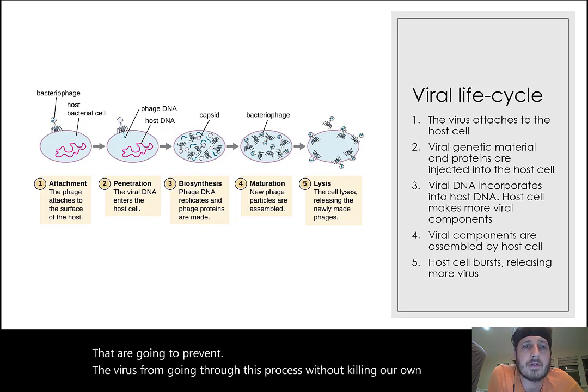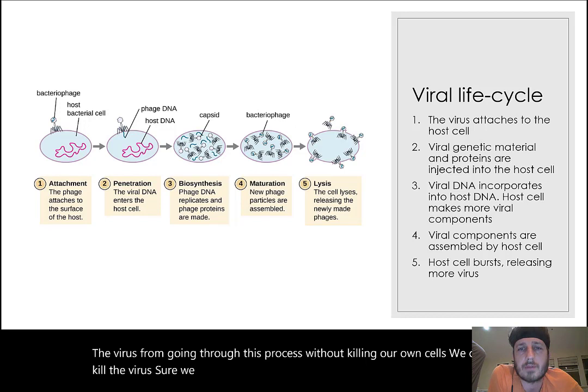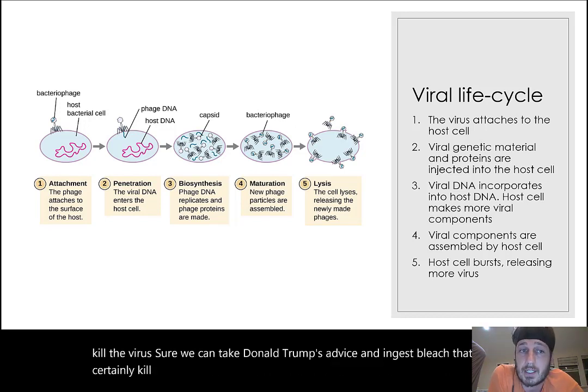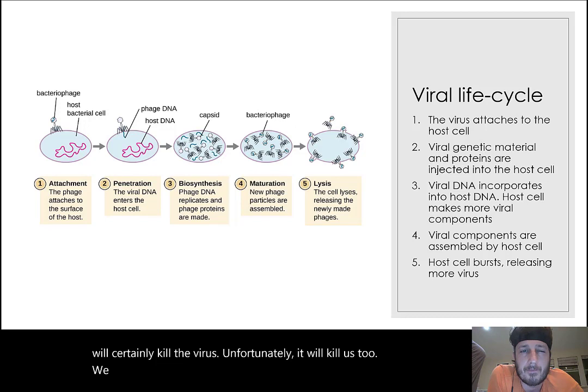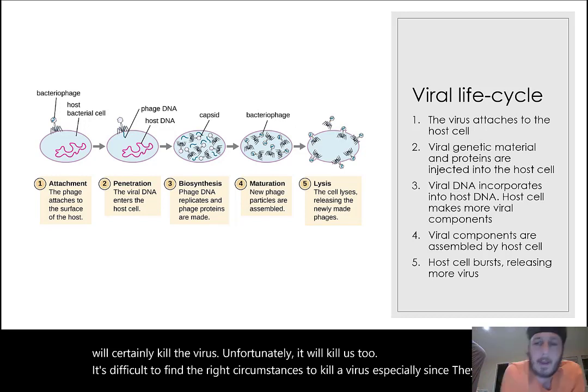We can kill the virus, sure. We can take Donald Trump's advice and ingest bleach. That'll certainly kill the virus. Unfortunately, it'll kill us too. It's difficult to find the right circumstances to kill a virus, especially since they mutate very, very rapidly.